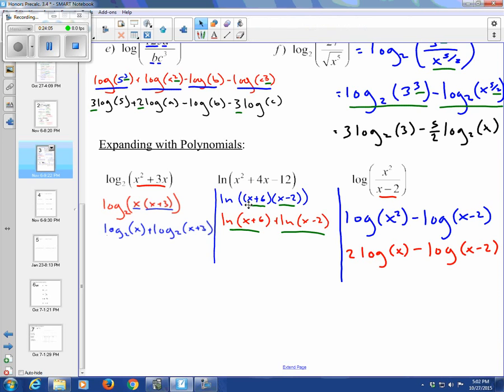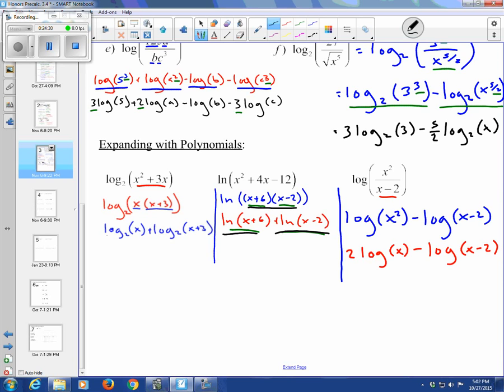Now, I think that sometimes people get tempted to say, well, there's an addition inside the logarithm. That means I can expand that out into an addition outside the logarithm. Really what we have to remember is we're talking about a multiplication inside a logarithm expanding out into the addition of two logs of the same base. And so that's what we really want to be careful of here.